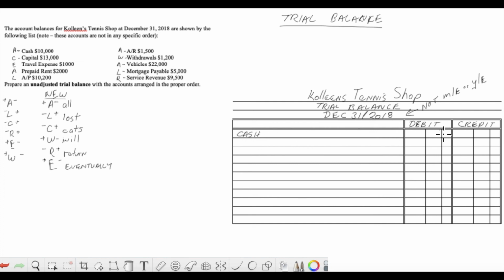Now is it a debit or a credit? Well, in this case it's positive, so it'd be on the left-hand side, so it's a debit of $10,000. We know it's on the left-hand side because of here, right? It's a plus. All right. Now, I just like to mark them off so I don't miss any.